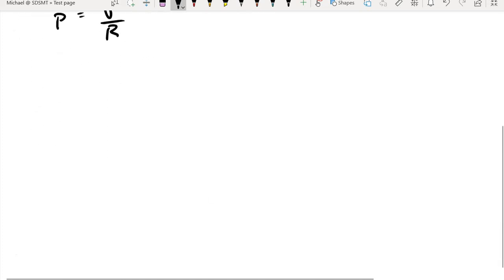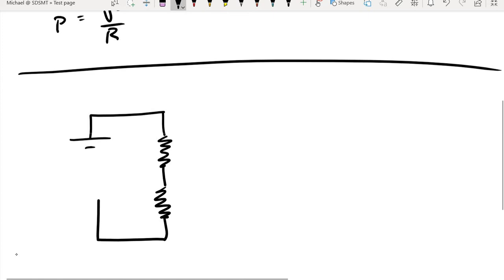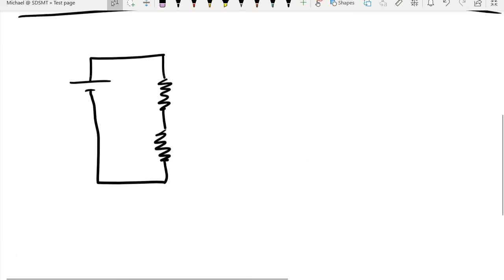So now in this video, what we want to do is something very similar to what we were doing with the capacitors, and that is to see what's going to happen if we start connecting more than one resistor in the same circuit. And there are two main ways that we can do this. The first one that we have here, we have resistors 1 and 2 that are connected one after the other. By definition, that is a series connection.